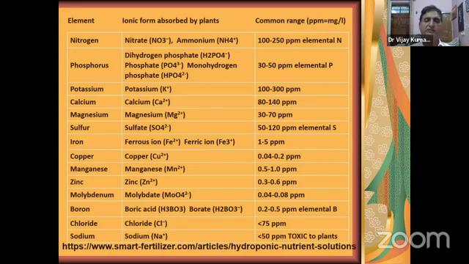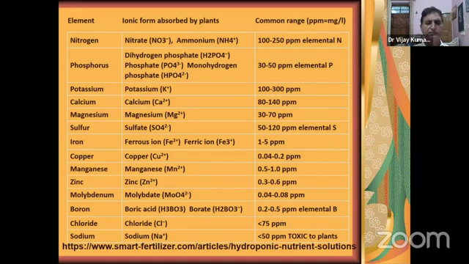For sulfur, it is the sulfate form which is absorbed by the plant. In case of iron, it is the ferrous or ferric form of ion which is used by the plant. Copper and manganese are in ionic form.